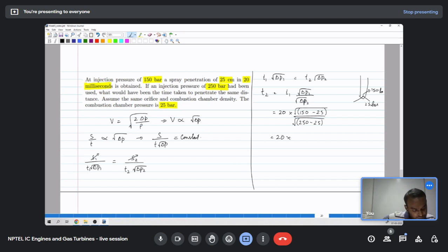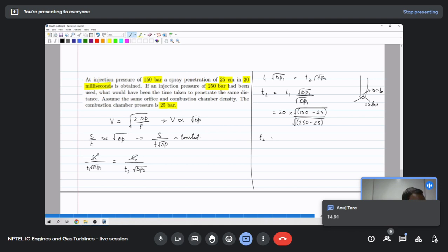Can someone compute this? Yes, 14.91. What will be the unit?